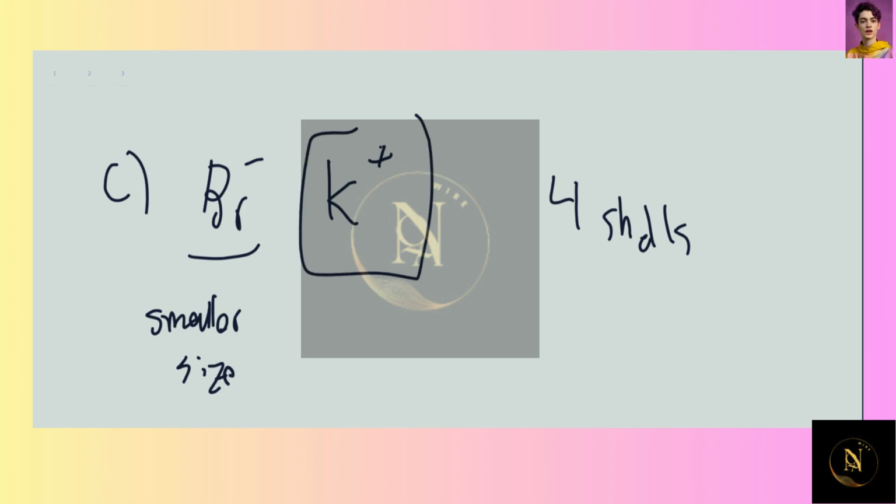And so K+ has greater charge to volume ratio, and this means that a bromide ion has the lower ratio of charge to volume, because it has a lower volume.